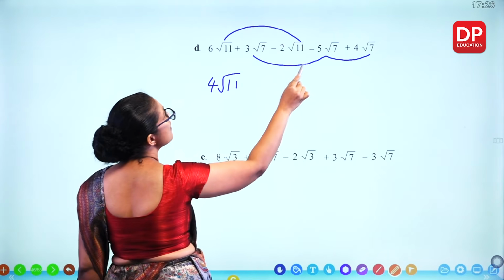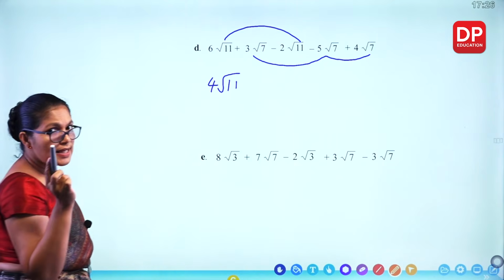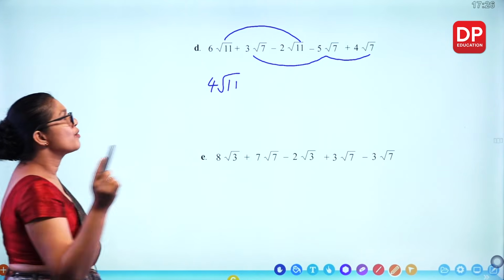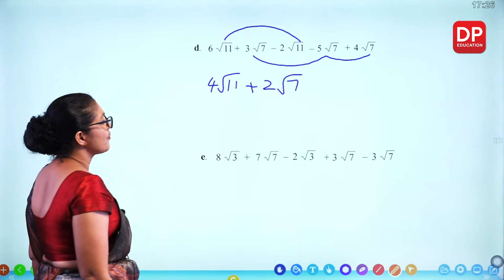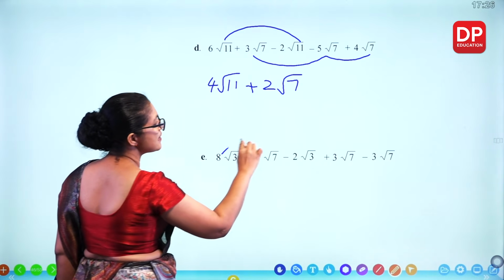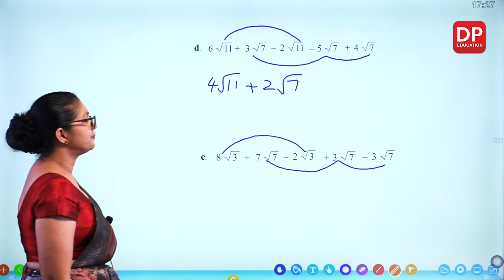What about root 7 values? 3 minus 5. You get minus 2. Minus 2 plus 4, you get plus 2. What about this one? What are the like terms? This and this, these 3 together.